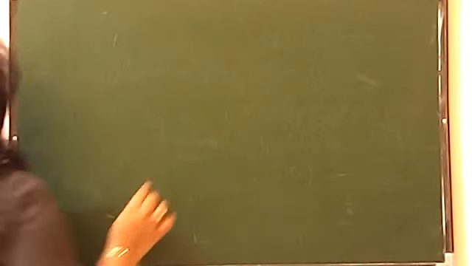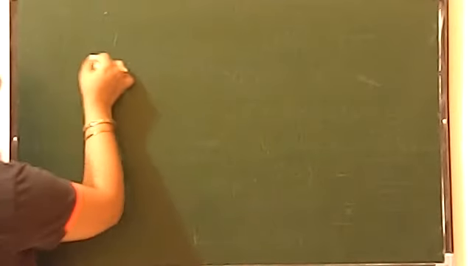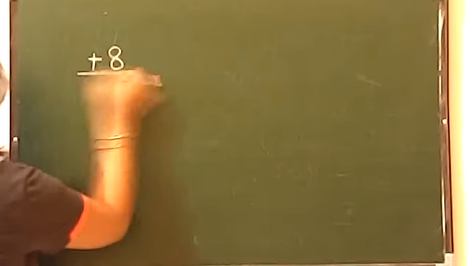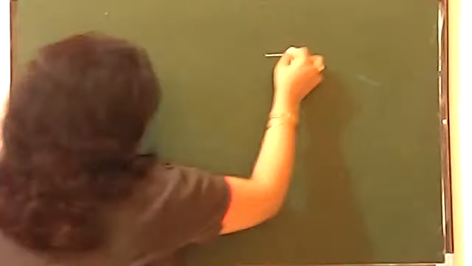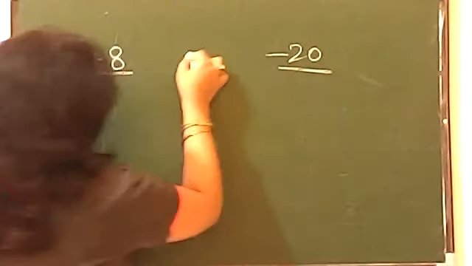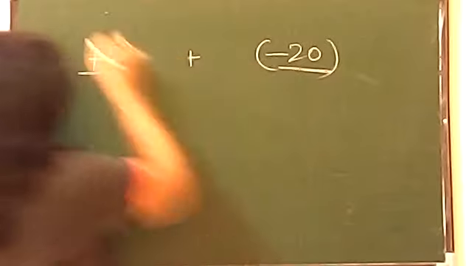So students, remember we are moving to the last condition when you have one positive, one negative. So for example, I give you one positive and I give you one negative. Suppose I told you that you have to add these two.